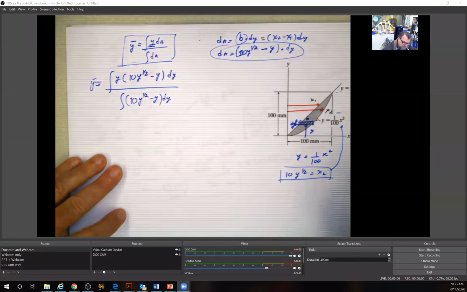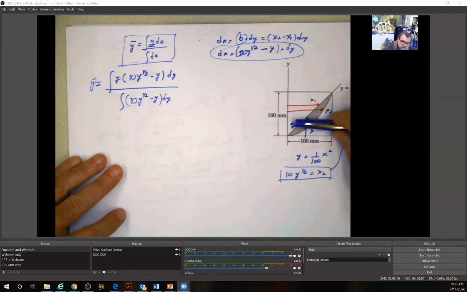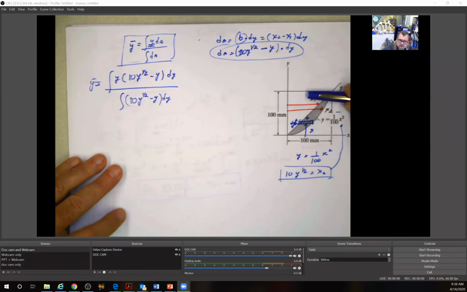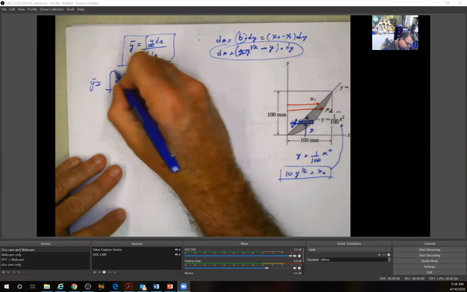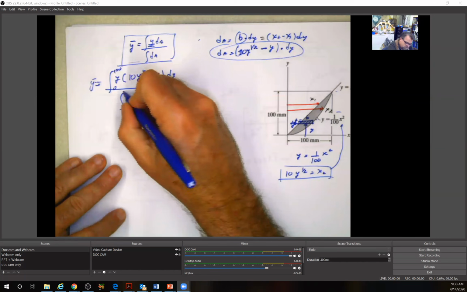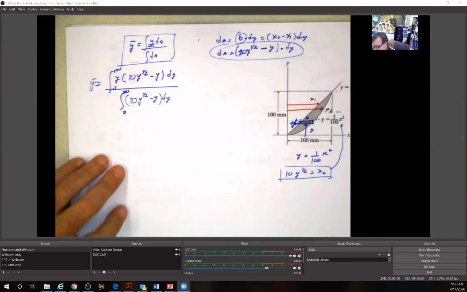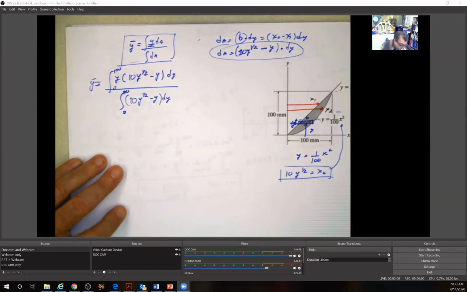Now the limits of integration. My differential of area this time is like that, so I'm going from here to there, meaning from 0 to this 100. Yes, I can use a vertical strip instead, but we're going to do that in the next step.